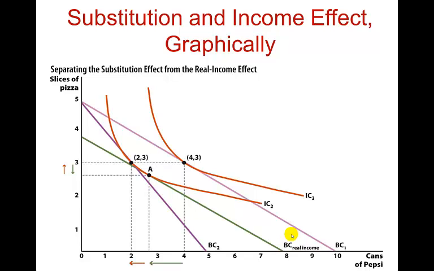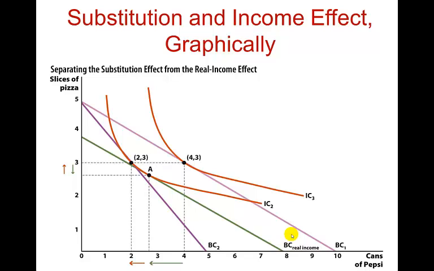On indifference curve 3, we're consuming 4 cans of Pepsi and 3 slices of pizza. At the end, when all is said and done, we're going to be on budget constraint 2, consuming 2 cans of Pepsi and 3 slices of pizza. So we're going to talk about how we get from 4,3 to 2,3.